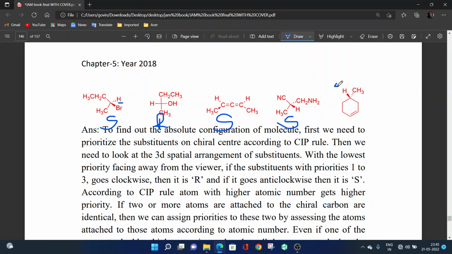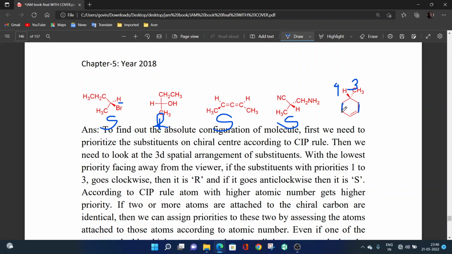So this gets fourth preference. Now CH3 will get last preference among 1, 2 and 3; it should get third preference because carbon is attached to 3 hydrogens, whereas here carbon is attached to another carbon, and here also carbon is attached to another carbon. Here carbon is attached to 2 hydrogens and 1 carbon, here also carbon is attached to 2 hydrogens and 1 carbon.